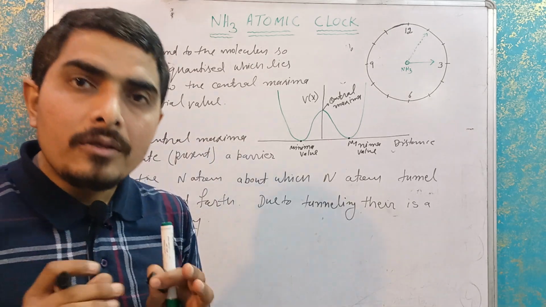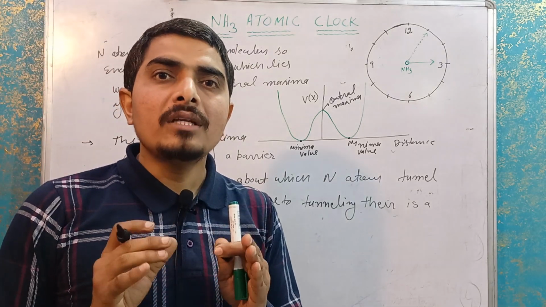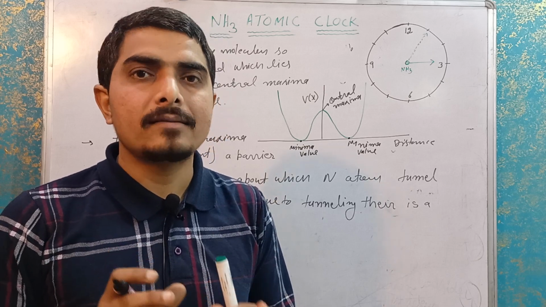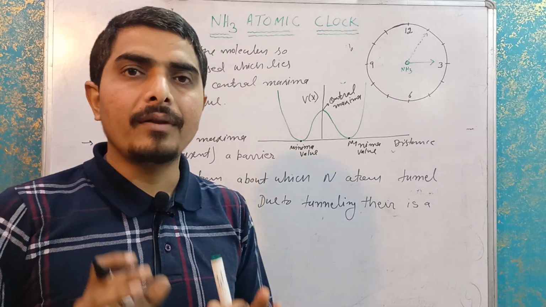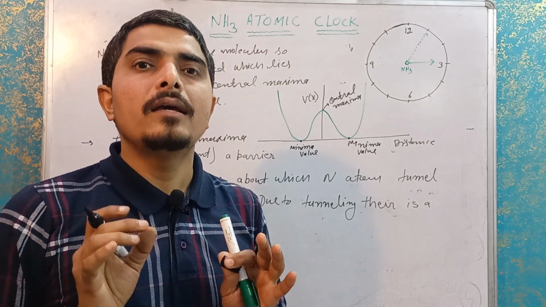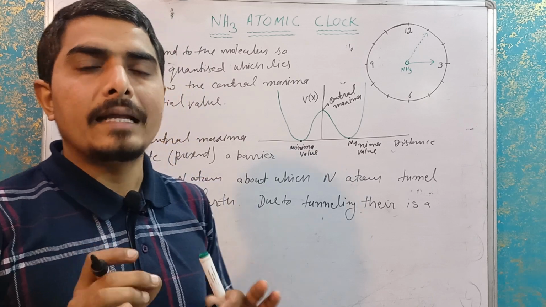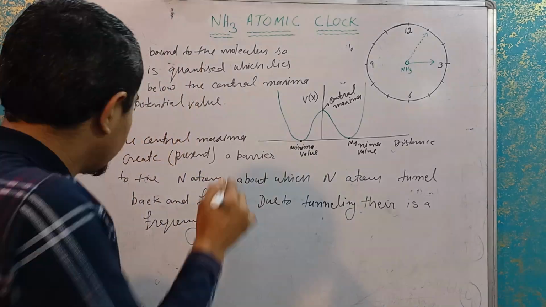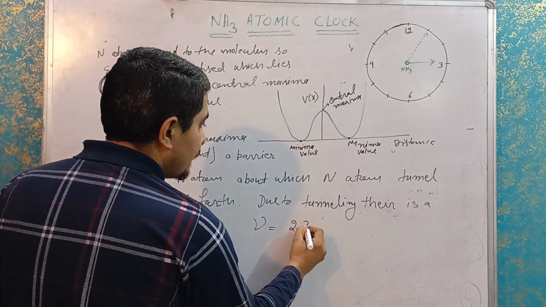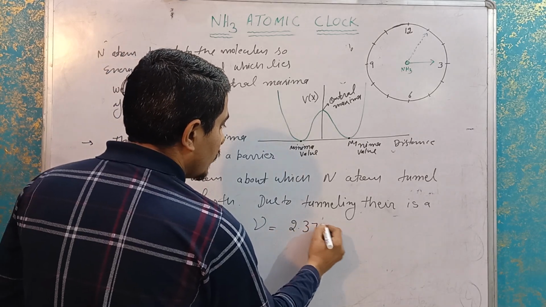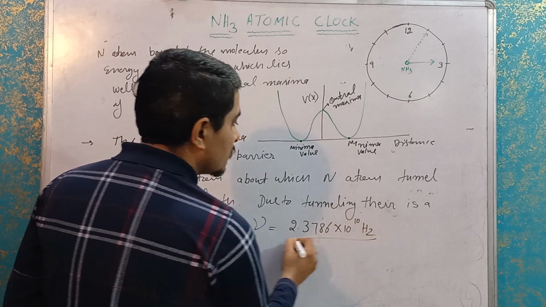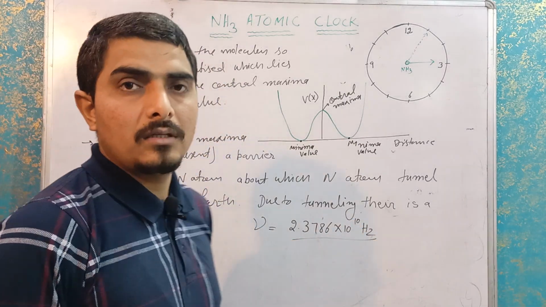So we use the nitrogen atom for the first time in the atomic clock, the NH3 atomic clock. The frequency is 2.3786 x 10^10 Hertz.